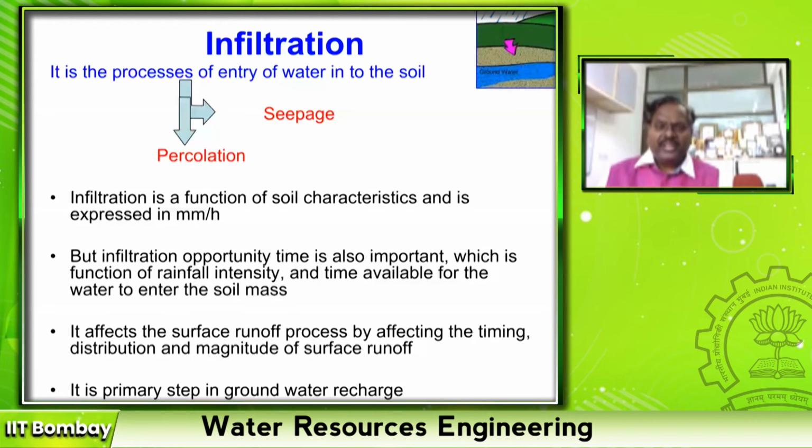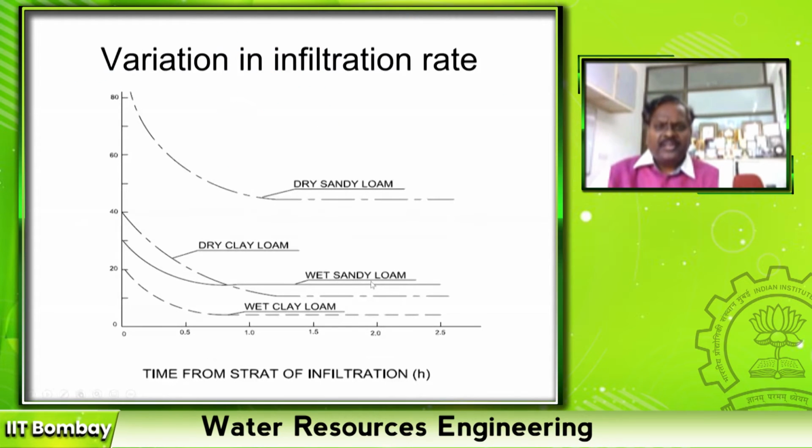I think you did an experiment on this. It's a big issue, right? And this is how the infiltration varies for different soil types, and for the same soil type with different antecedent soil moisture conditions, right? Antecedent soil moisture condition means the moisture content in the soil before you start your infiltration test.